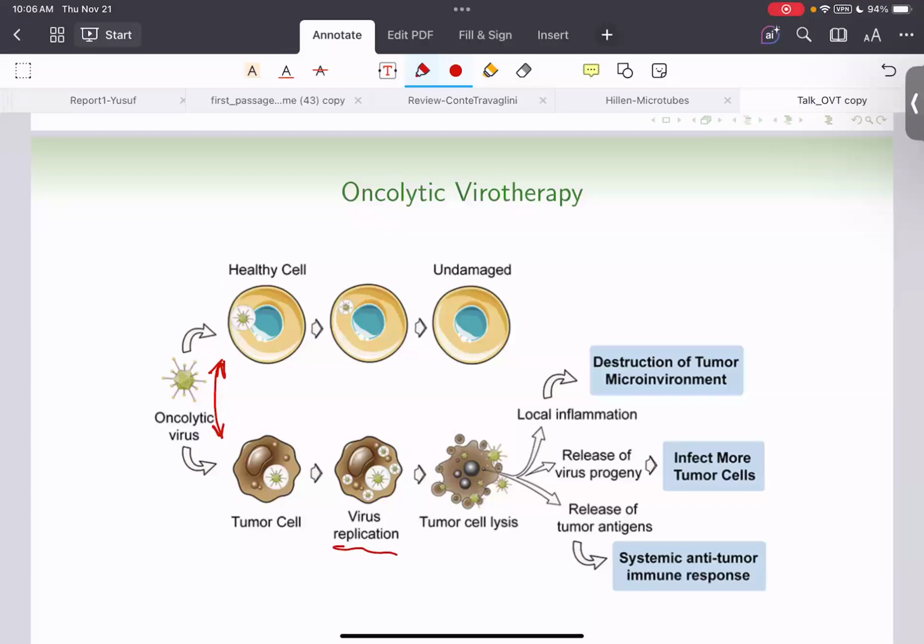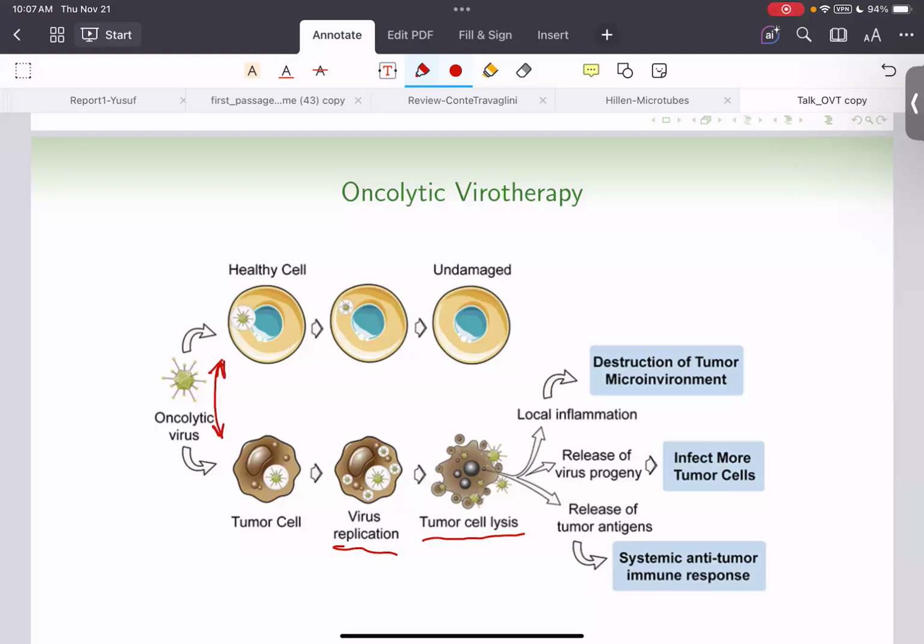And then the virus can replicate, and then the tumor cell lyses, which means it explodes essentially and releases new virus particles. And then a cascade arises. So then these new virus particles can infect the next tumor cell and do the whole process again and infect and infect and infect. And so then this leads to 3 effects here.